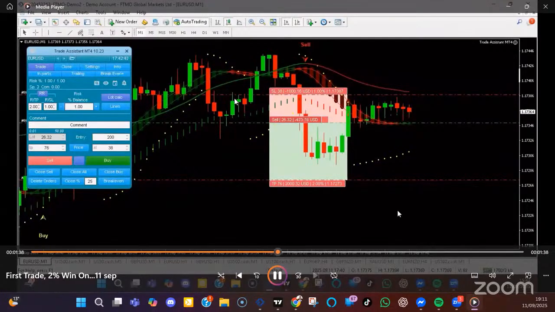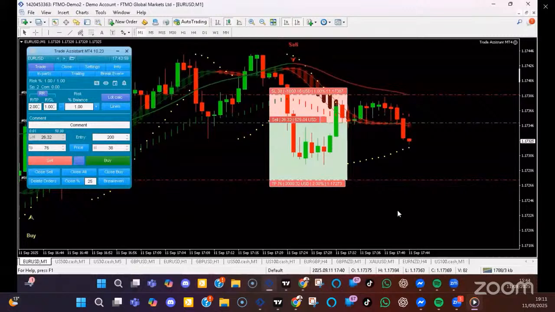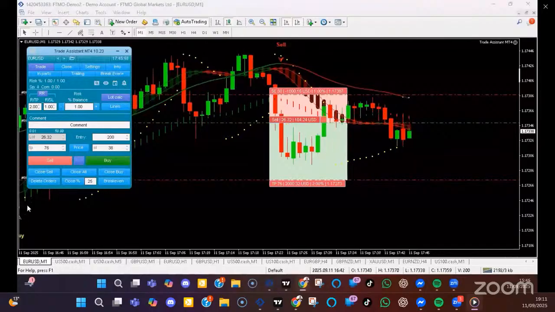So we can see that these candles are being shown 10 times faster than what they are, just so you don't have to be bored and watch for all the recording. And then we'll go and have a look and see how our trade is doing now, as of now on the EUR USD.